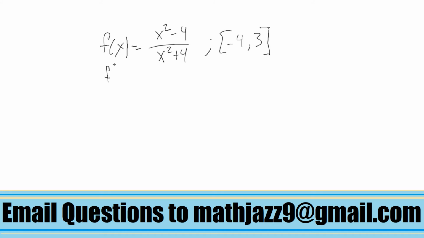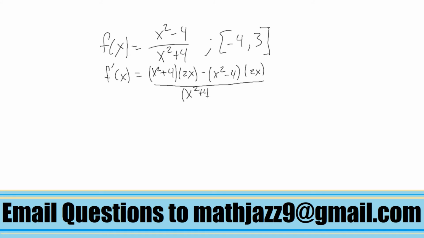So we go f prime of x equals, we could use logarithmic differentiation, or we could use the quotient rule. I'm going to use the quotient rule, so that's the denominator times the derivative of the numerator minus the numerator times the derivative of the denominator all over the square of the denominator. And we're going to set this equal to 0.